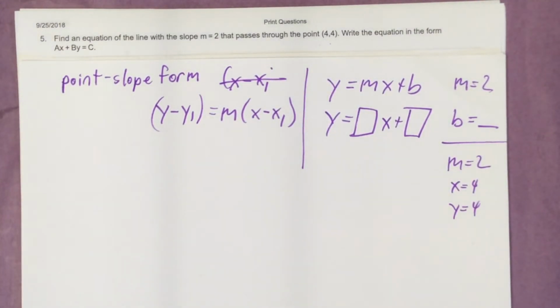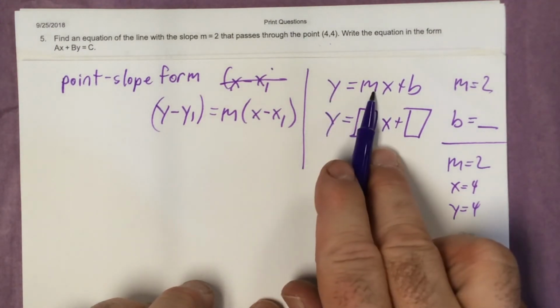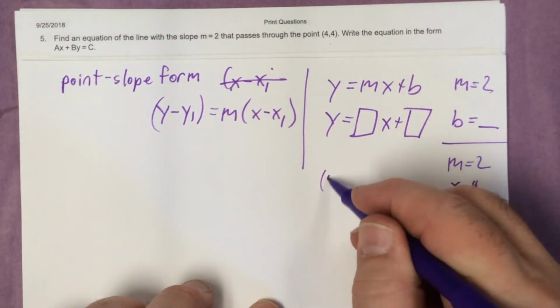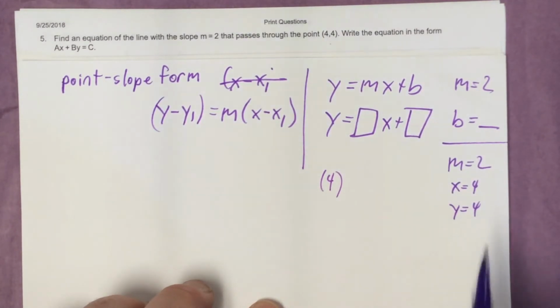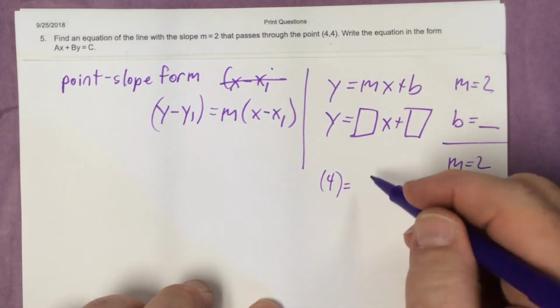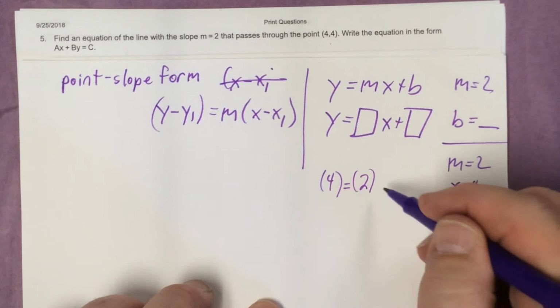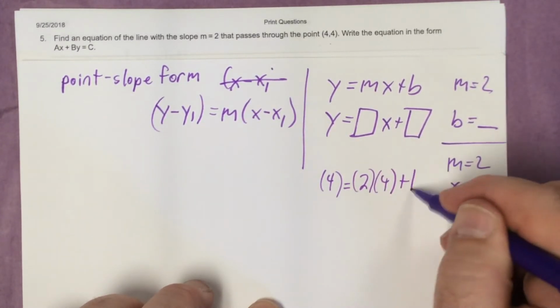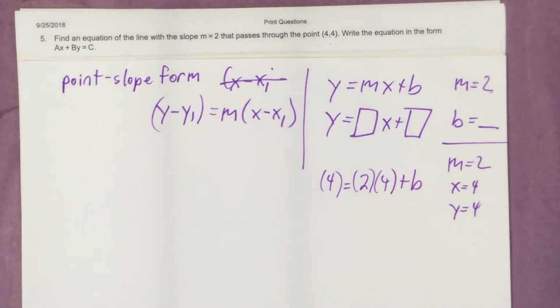So now, in place of y, m and x, I'm going to put these values in. I have 4, that's the y value, equals 2, that's the m value, times the x value, which is 4, then plus b. I'm going to find what the b value is.